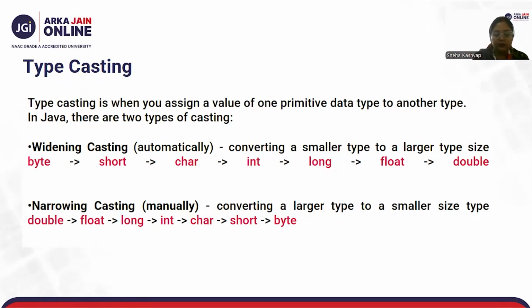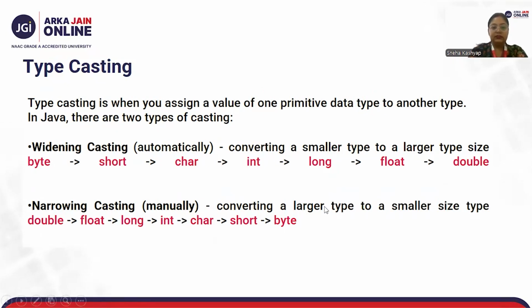Double can be converted to float, float to long, long to integer, character to short, and short to byte. We can also convert double to byte directly, and also byte to double directly. So this is how widening casting and narrowing casting work.